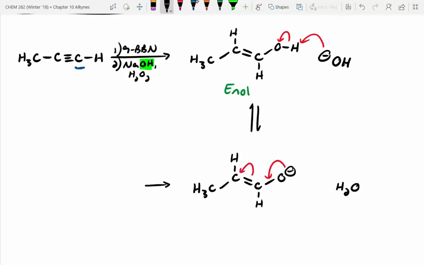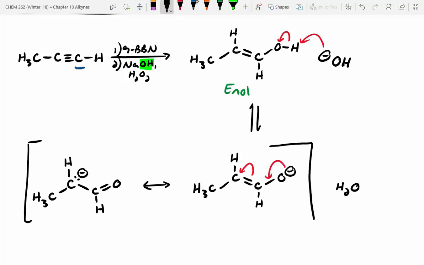We can kick that negative charge over to the neighboring carbon. Now we've got a double bond here, carbon here. And this carbon now has that negative charge that the oxygen used to have.